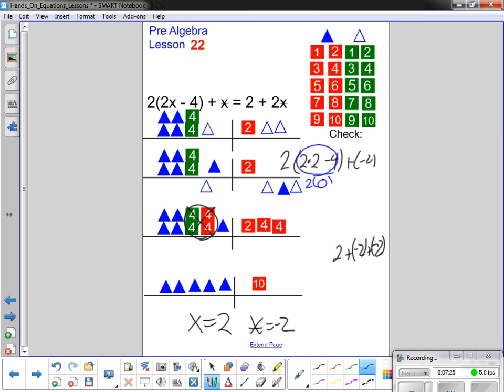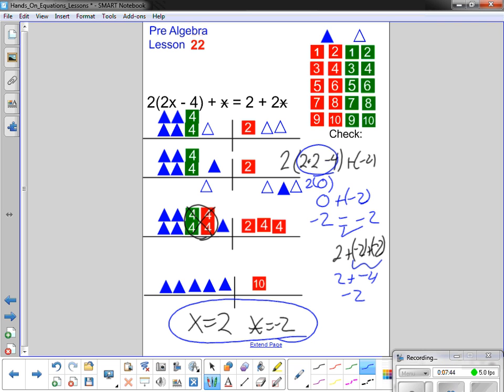So I got 2 times 0, which is 0, plus a negative 2 gets me negative 2. So on the left-hand side, we got negative 2. On the right, we got a negative 4 plus 2, that gives me a negative 2. So on the right, I got negative 2. Negative 2 does equal negative 2. So x is 2 and star is negative 2.